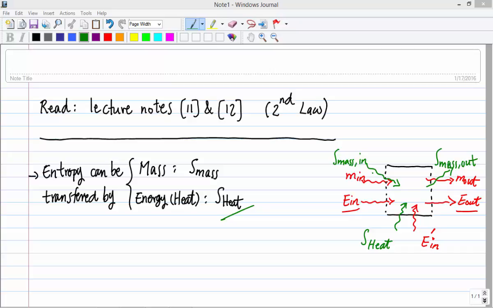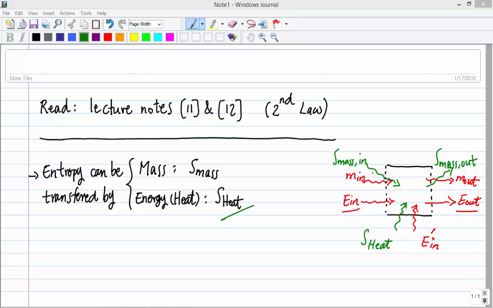Besides all these three green entropies that I've mentioned so far, if a process is happening in a system, entropy will be generated inherently inside these molecules. For example, friction, or collisions between these molecules. There are intermolecular collisions, and entropy will be generated by itself. I mean the system naturally generates entropy.